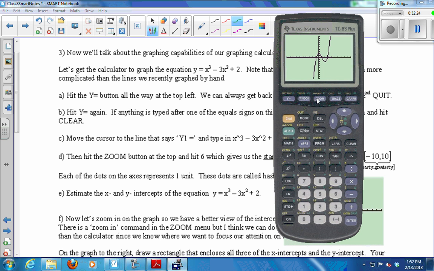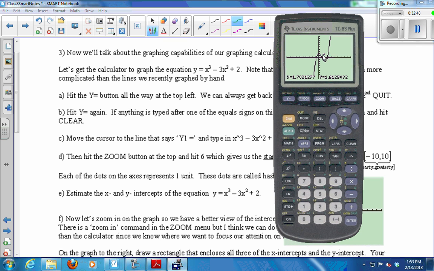Okay. So you can press the zoom button. And the first option is zoom box. It's my favorite way to zoom because you have the most control. Hit zoom box. And you get a little cursor blinking in the screen. Use your arrows to move it. And we're going to create a box around our point of interest, whatever that point of interest might be.